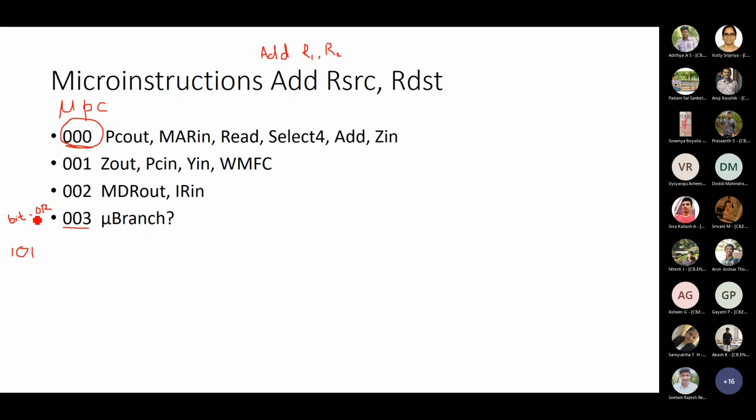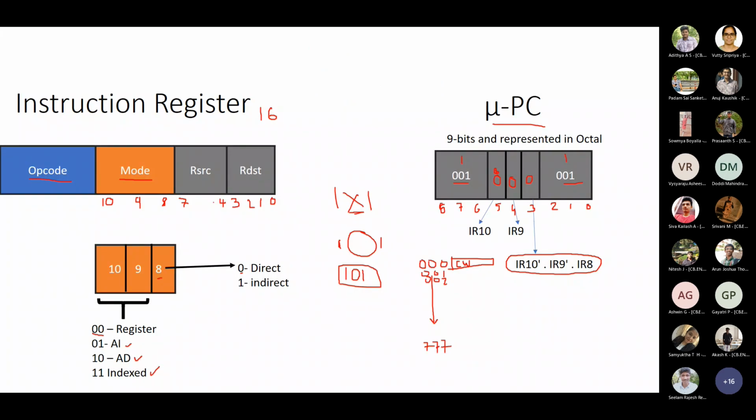Okay. Now, how do you realize this micro branch? So, if it is add instruction, by looking at the opcode bits, you can identify that this is the add instruction. If it is add instruction, 1 and 1 are fixed and these bits are not known, and 1 should be stored into MUPC, and the rest of the 3 bits can be decided by the mode bits of your instruction register.